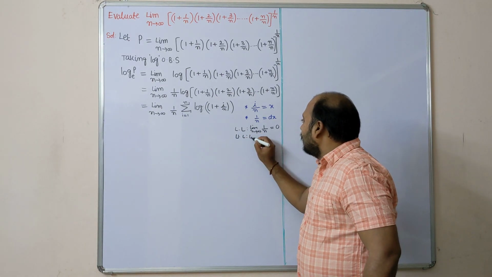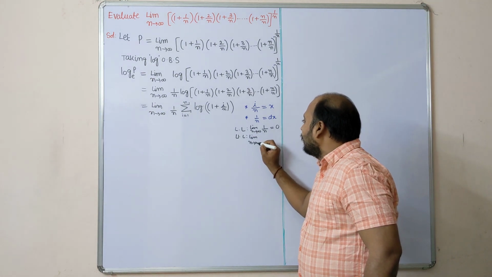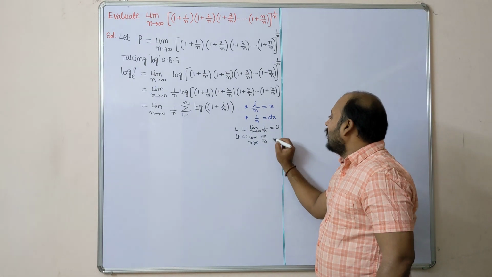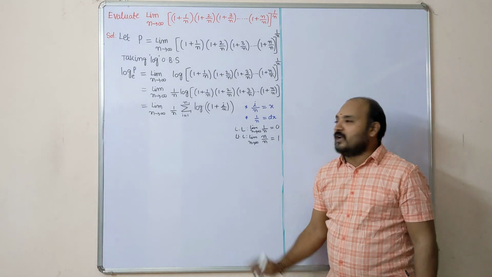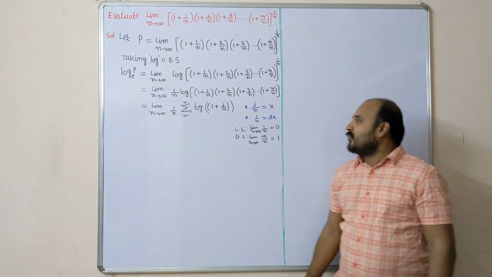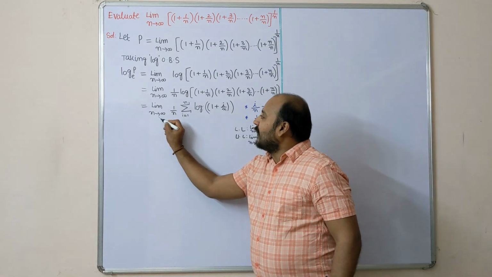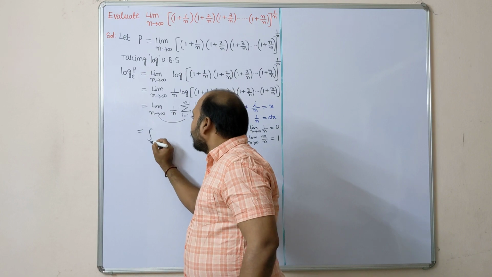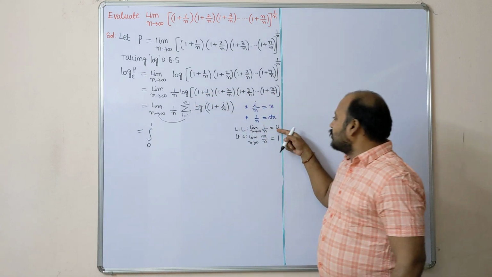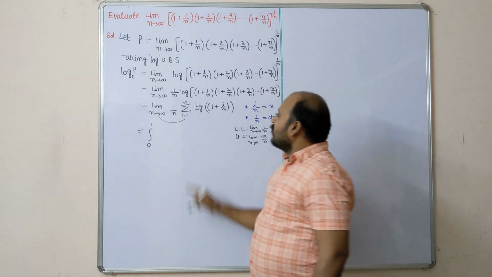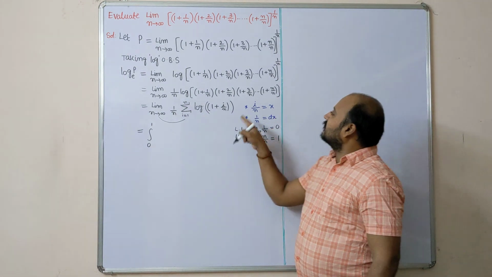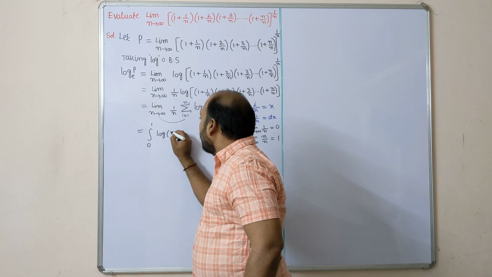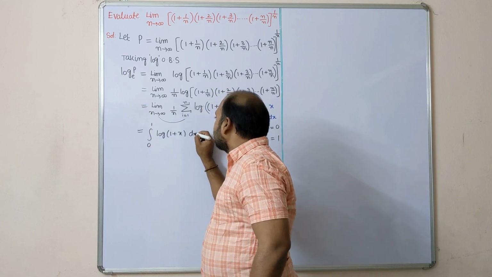Upper limit: limit n tends to infinity, final value of i, n, by total number n. n by n is equal to 1. Limit of a constant is constant. So replace with these values as integral from 0 to 1, lower limit to upper limit. 1 by n replace with dx, i by n replace with x. So log of 1 plus x into dx.